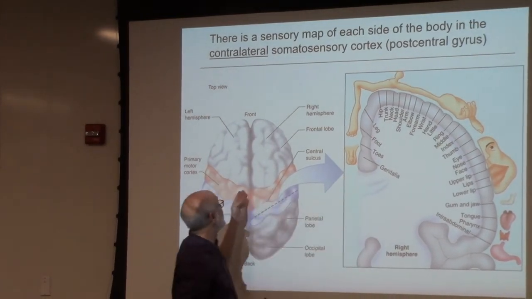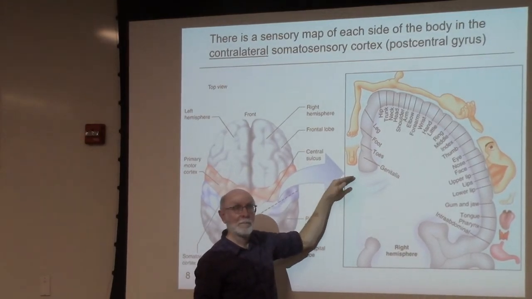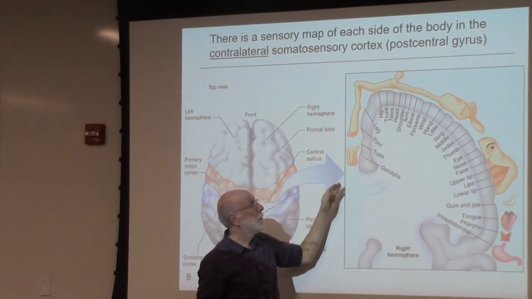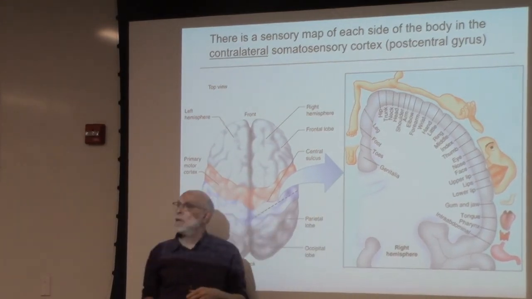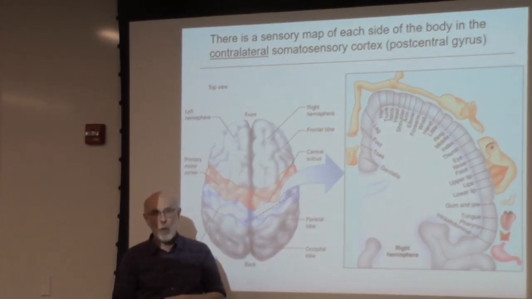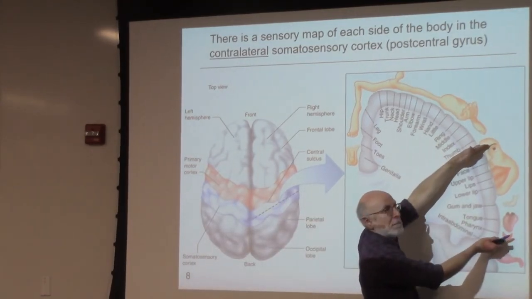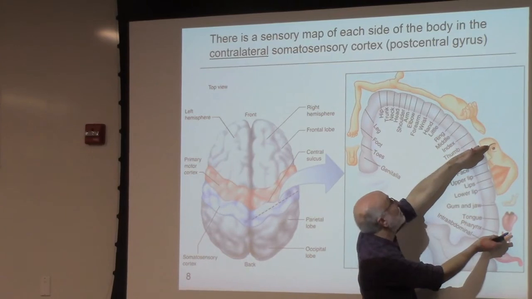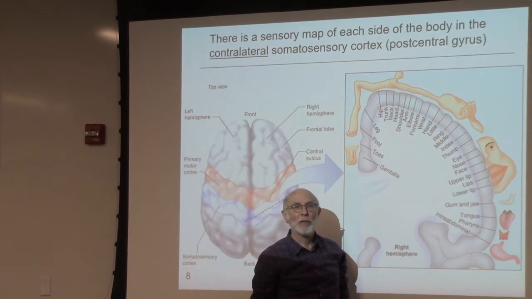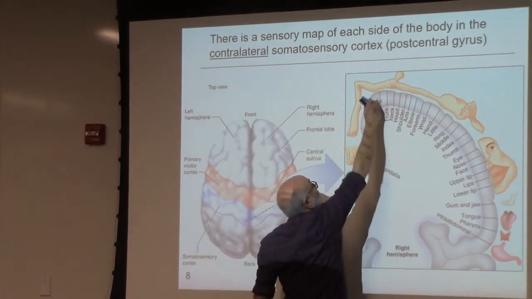And the genitals are medial. So do I expect you to be able to draw the complete map? No. But I do expect you to know that face and mouth are lateral, hand and arm are superior lateral, body is superior, and legs are medial.